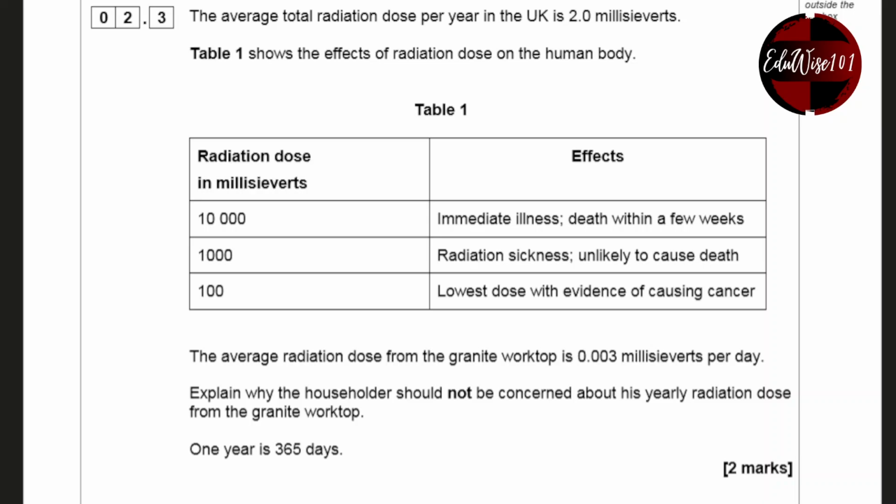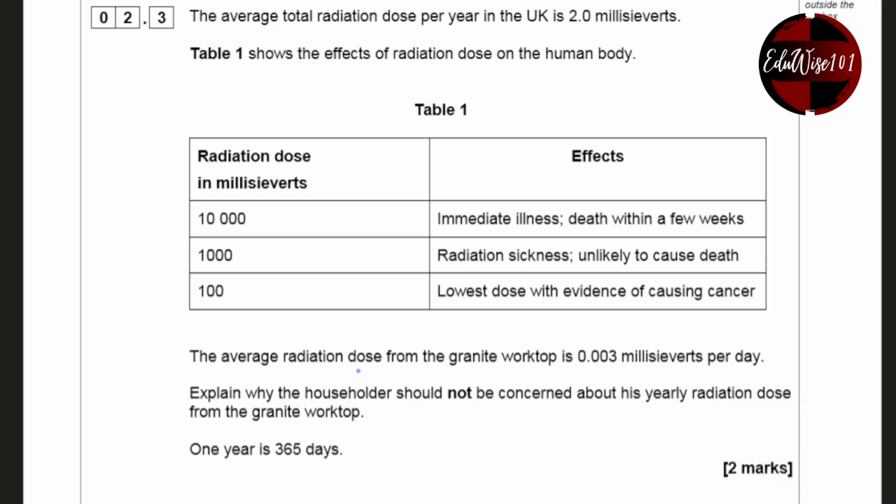The average total radiation dose per year in the UK is 2 millisieverts. Table 1 shows the effect of radiation dose on the human body. Radiation dose in millisieverts: if it's 10,000, it's immediate illness, death within a few weeks. 1,000 millisieverts would be radiation sickness, unlikely to cause death, and 100 millisieverts is the lowest dose with evidence of causing cancer.